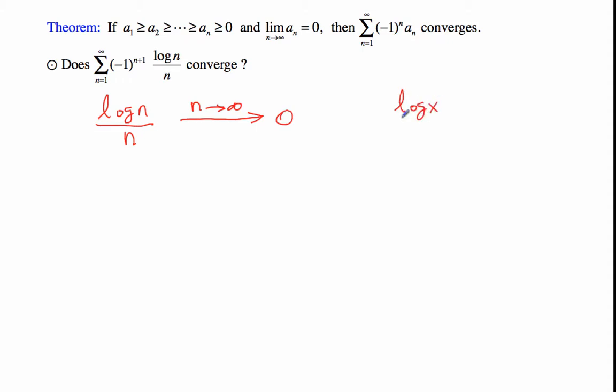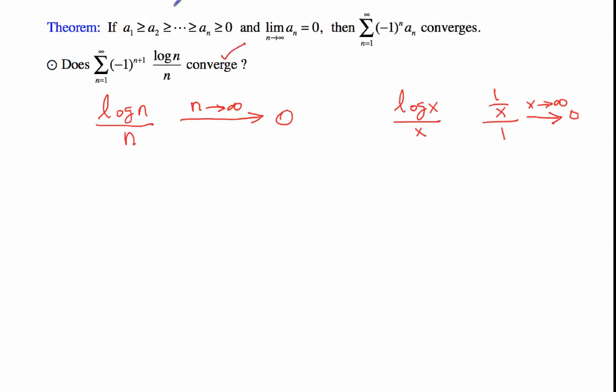So if you write log of x over x, if you take the derivative of log of x, you get 1 over x. If you take the derivative of x, you get 1. And of course, this goes to 0 as x goes to infinity. And so this series will indeed converge.